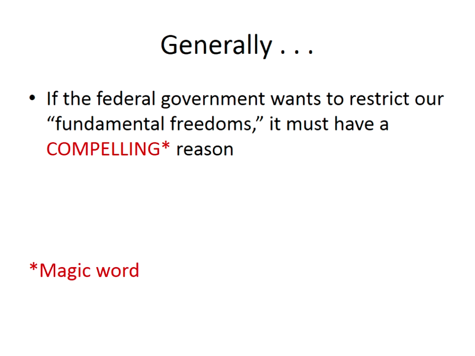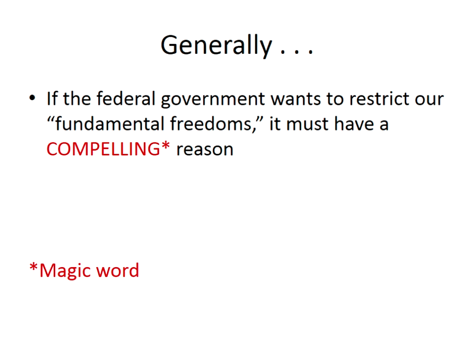Generally, we have fundamental freedoms: right to speech, right to worship, right to privacy, right to due process. Except if the government has a compelling reason or a compelling interest in abridging or violating our rights. So Congress, under the First Amendment, shall make no law abridging freedom of speech, yet we can think of a lot of compelling reasons why Congress can abridge our right to free speech.